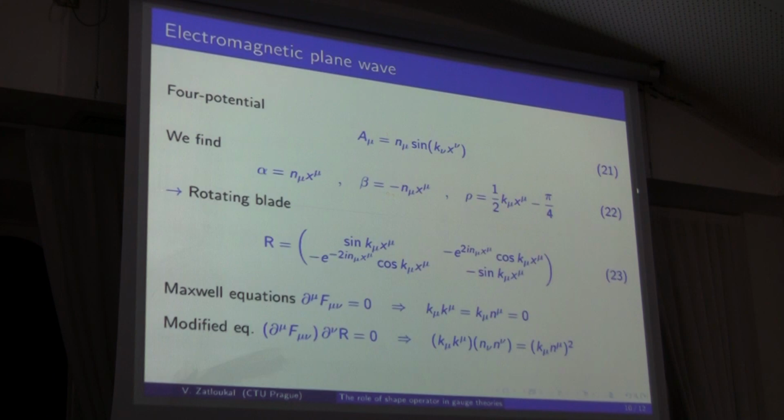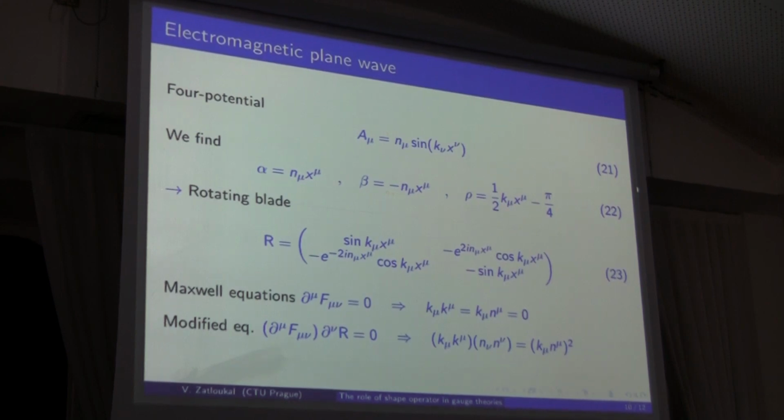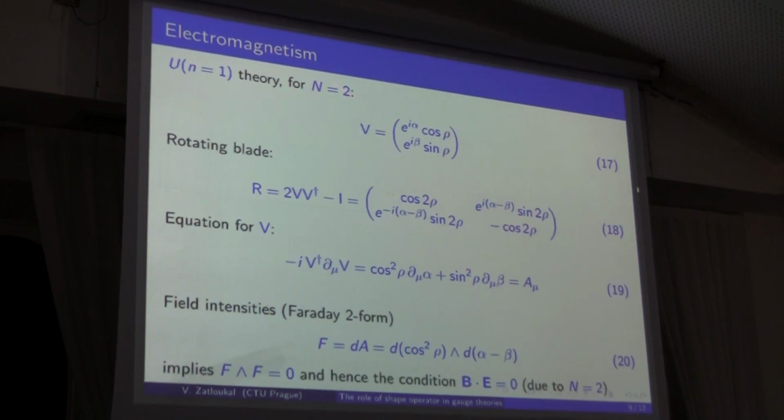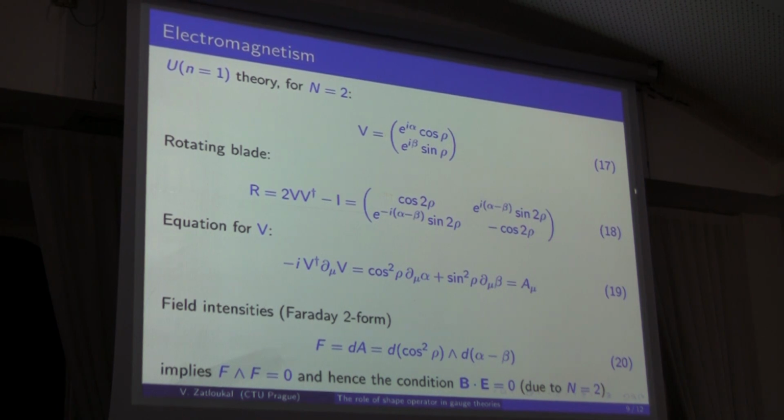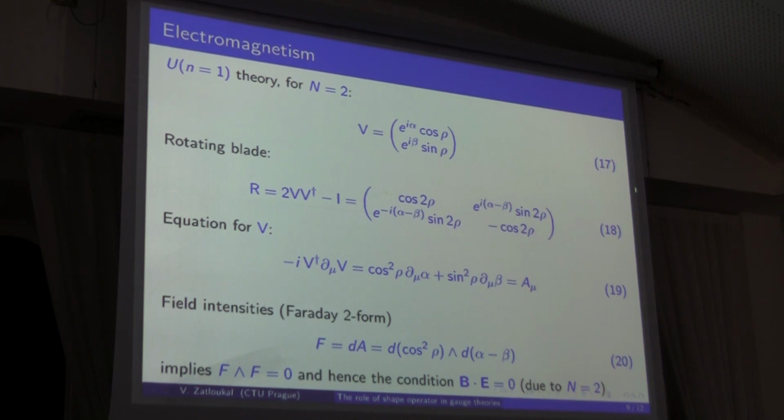So time is running out. Let me show some examples, just to show that the thing is real. We have electromagnetism, which is a U(1) theory, and let's pick this capital N to be 2. This is not enough to represent all possible gauge potentials, but it is good enough to represent some interesting examples.